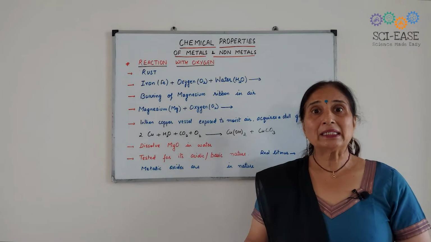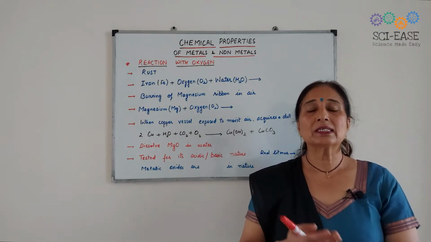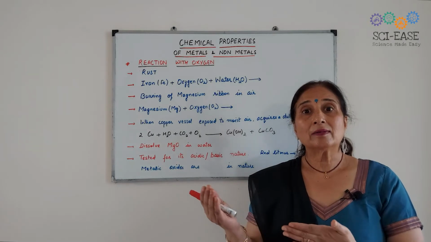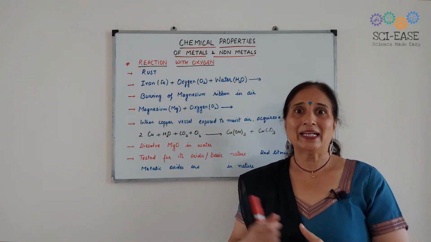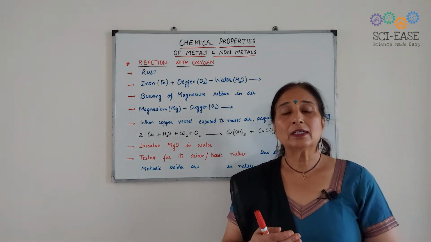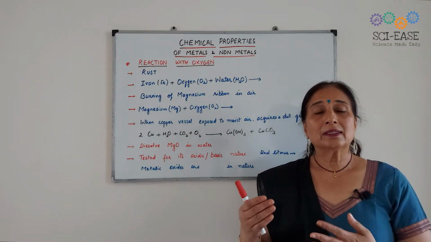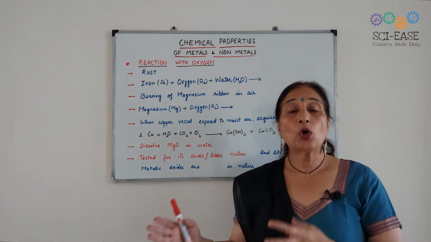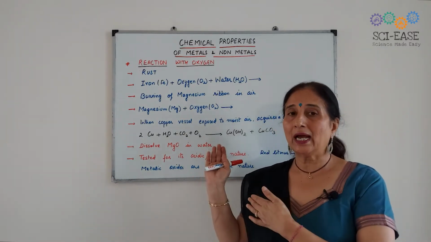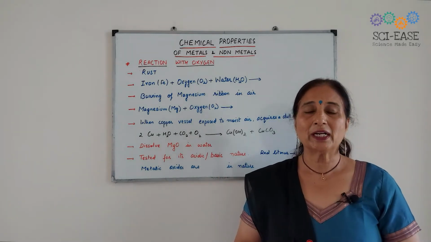Non-metals include all the gases, like oxygen and nitrogen. Then phosphorus, sulfur, carbon are also non-metals. We will come across these non-metals while I teach you the chemical properties.